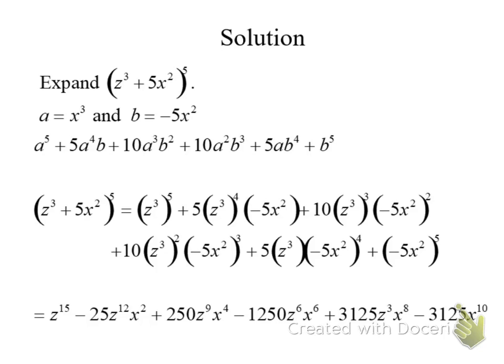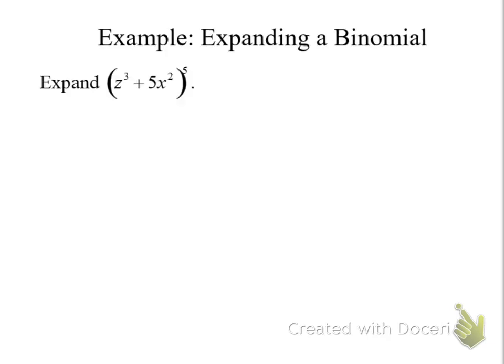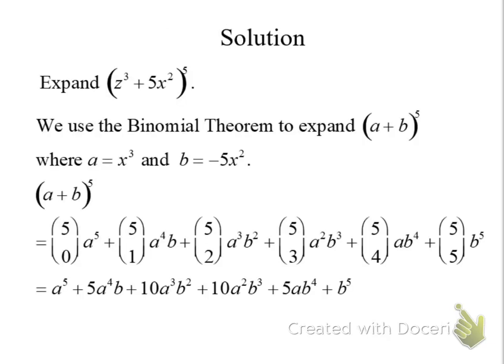So, here's that final solution. I forgot to include the negative. Hold on. Okay, I did not forget the negative. It just looked like I did. So this one should have been a positive 5x.